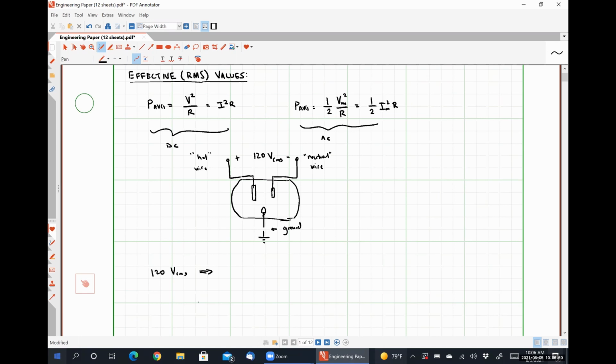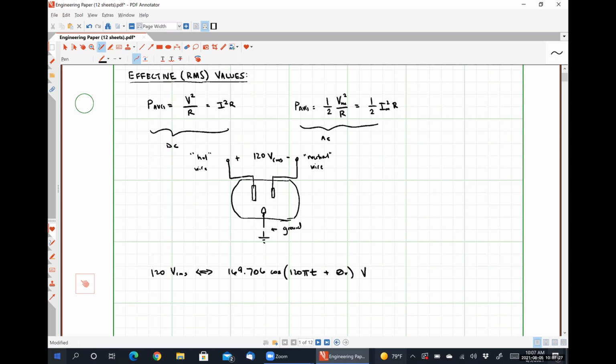is really a shorthand notation for 169.706 cosine(120 pi t plus whatever phase angle our signal happens to have when we start looking at it) volts.